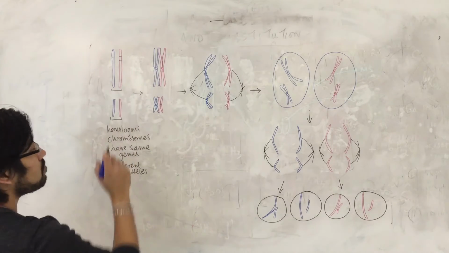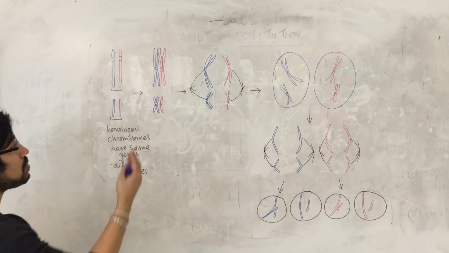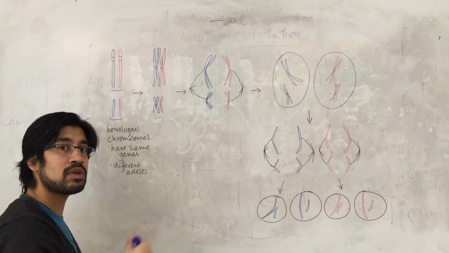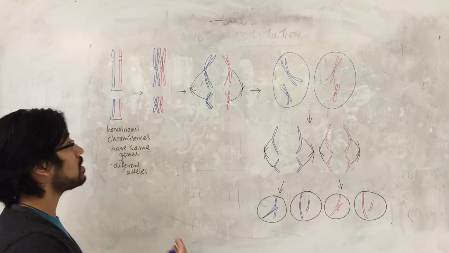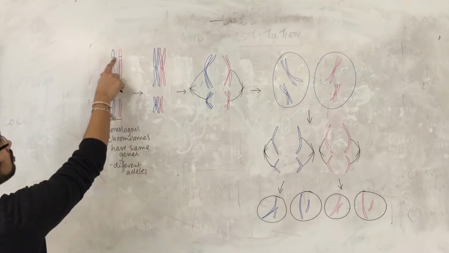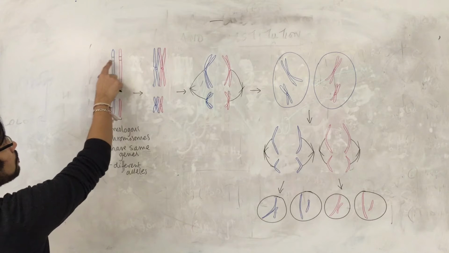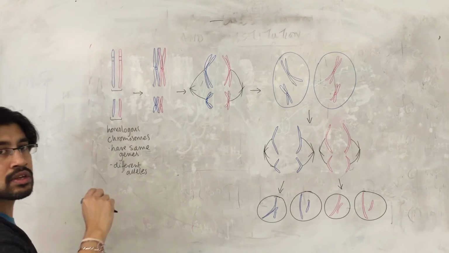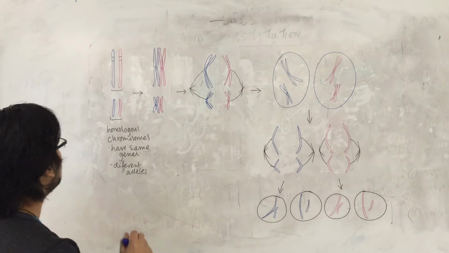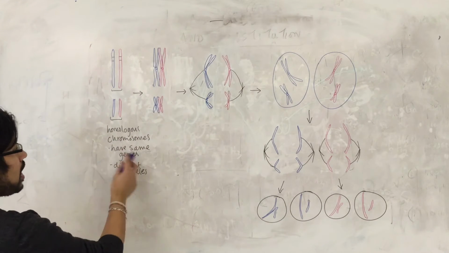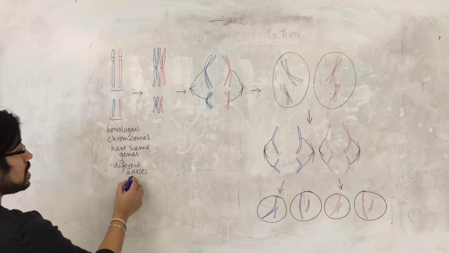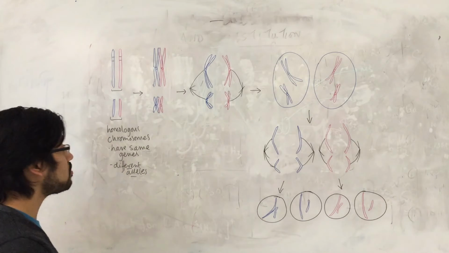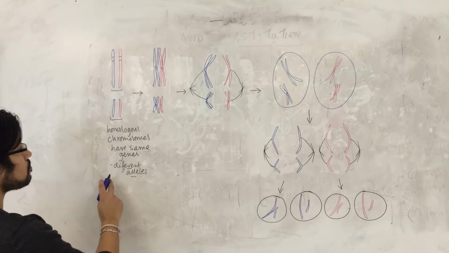So when we refer to an organism being heterozygous or homozygous, we're referring to the genes, the alleles, at a specific position. So homologous chromosomes have the same genes, but possibly different alleles, even possibly the same alleles.